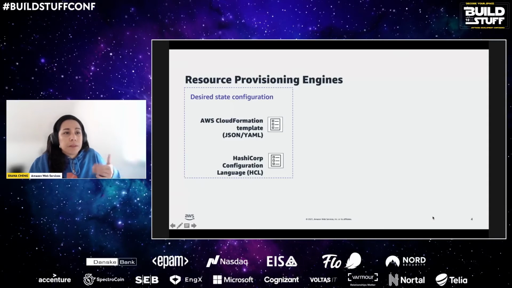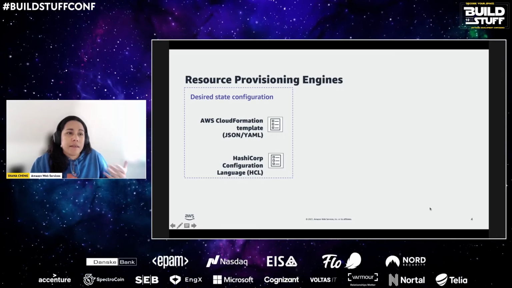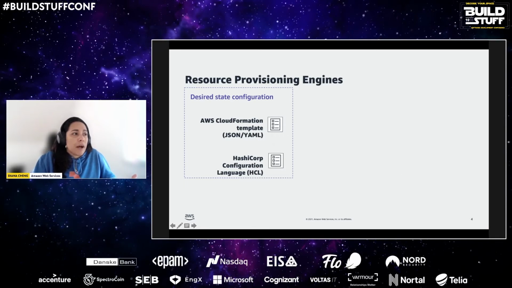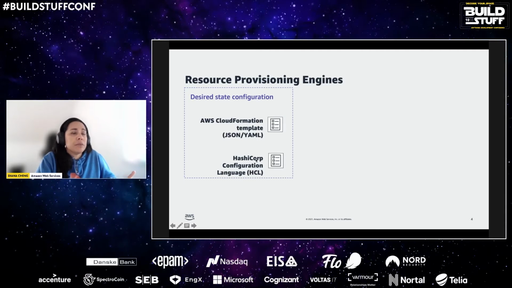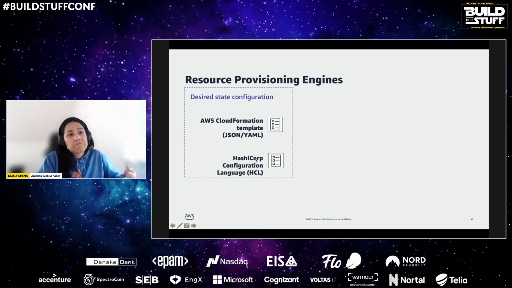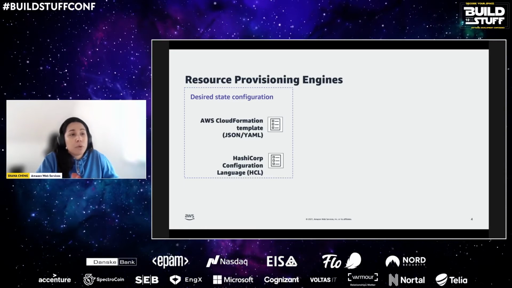So these provisioning engines are powerful, and they let us specify this desired state in the shape of configuration files, right? In CloudFormation, we have CloudFormation templates that you can develop in JSON or YAML format.